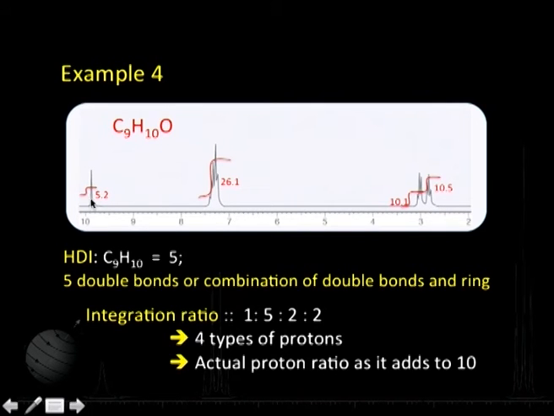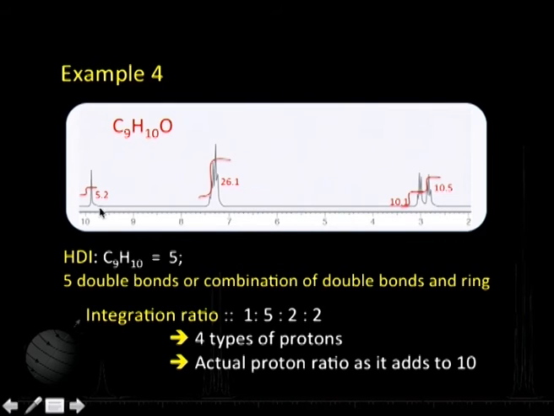Now, let us look at the integration ratio. The integration values here are 5.2, 26.1, 10.1 and 10.5. If I simplify that, it comes out to be 1:5:2:2. Incidentally, if I add them together, 1 plus 5 is 6, plus 2 is 8, plus 2 is 10, and there are 10 protons here.